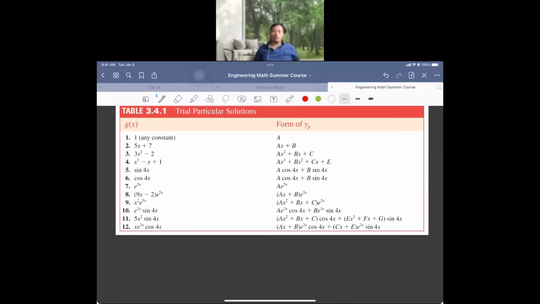The left part is the non-homogeneous part in the equations, the right side is the form. When you have a constant, the form of the particular solution is just A. And if it is linear, it's ax plus b, and you can see the form, etc. We have polynomial, we have sine, cosine.